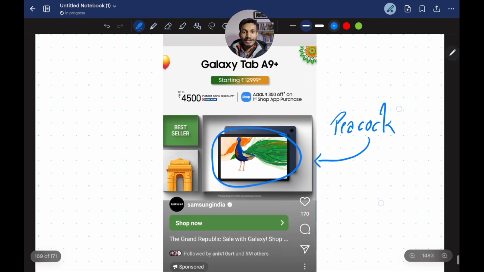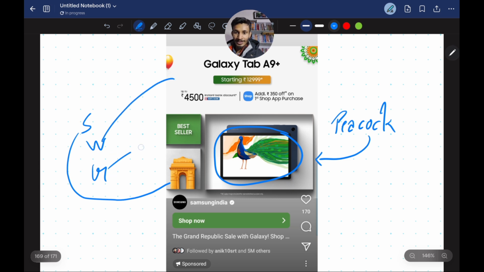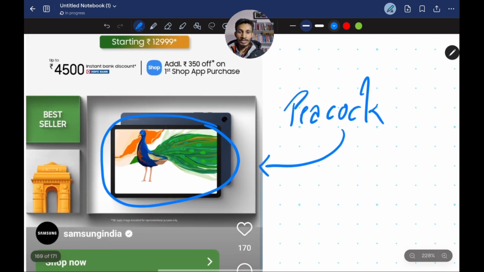So in addition to using the saffron, white and green, okay, that's saffron, that's white and that's green, right? They have also used the national bird of India, that is peacock. This is an illustration, it is not an image.